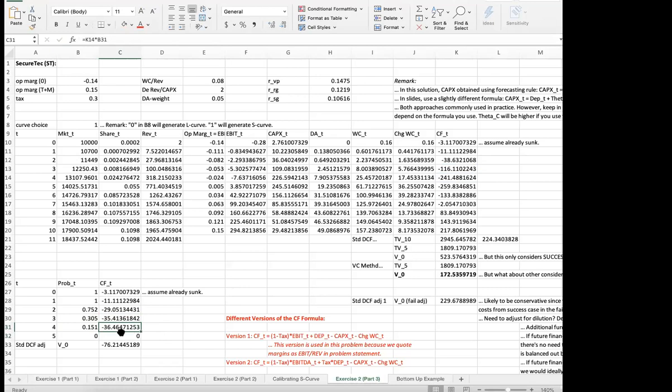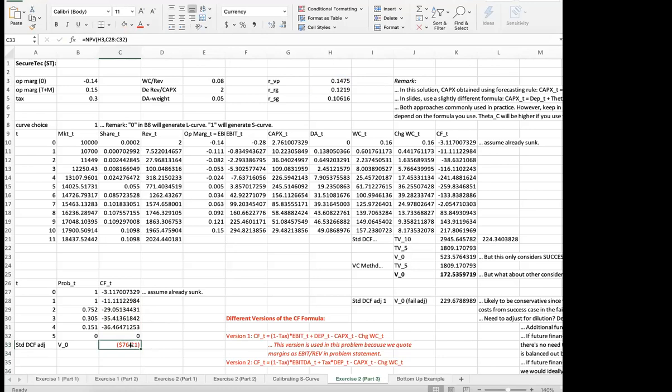On average, from the perspective of time 0, that's an average loss of minus 36 million. And then after time 5, because the company has exited, this company will have already failed, and so it generates no cash flow thereafter. Then all I do is take the NPV of these failure cash flows and discount it also by the venture period discount rate. That gives me a number equal to minus 76 million.